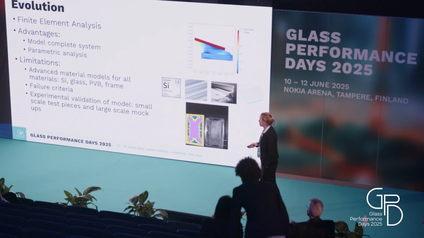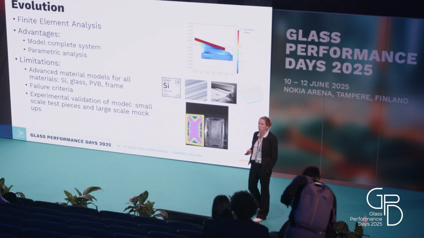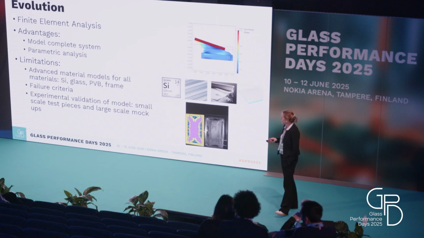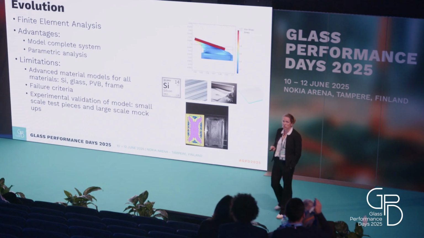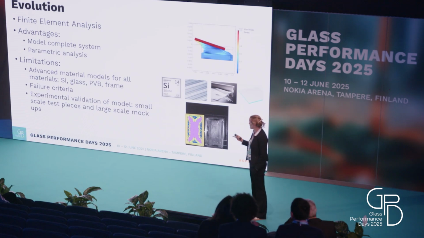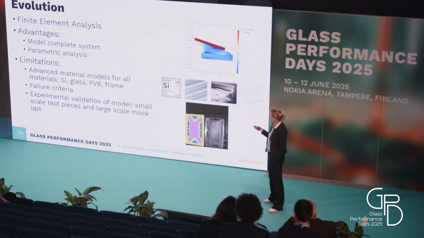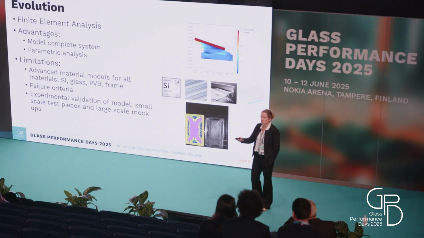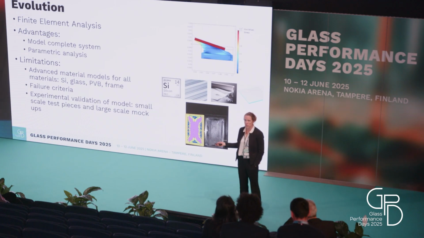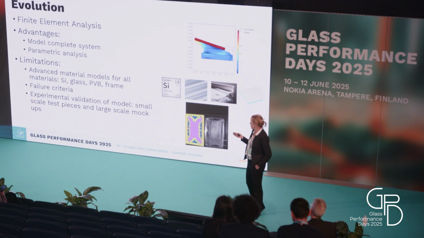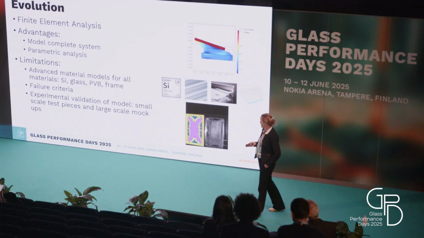So the natural evolution is to embrace the new tools that we have today, mainly finite element analysis, giving you the advantage of looking at the complete system, including the frame, the glass, and the interlayer, and then as a next step running a whole range of variations of these parameters, or parametric analysis. Obviously, this also comes with challenges because you need to develop advanced material models for every component.